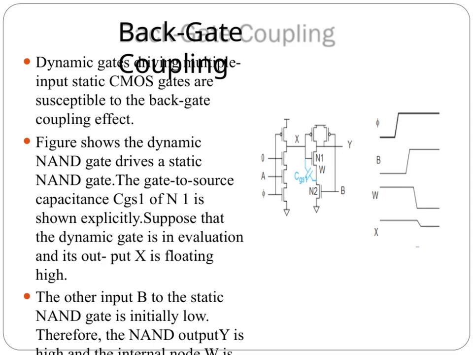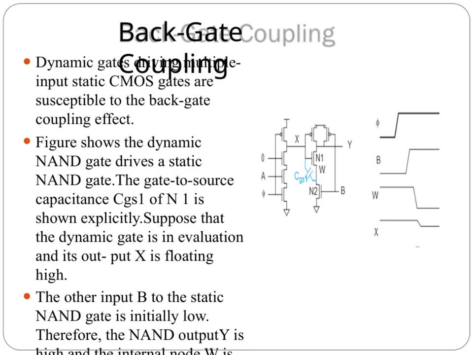Here, we're looking at the phenomenon called backgate coupling, which occurs when dynamic gates drive multiple input static CMOS gates. In this example, we have a dynamic NAND gate driving a static NAND gate. Notice the gate-to-source capacitance, labeled CGS1, of transistor N1. Imagine the dynamic gate is in the evaluation phase, and its output, X, is floating high.